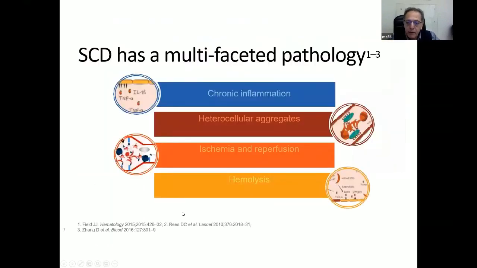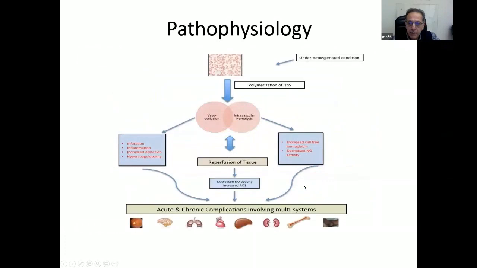This simple mutation leads to a multifaceted pathophysiology in this disease that has some main elements, including chronic inflammation, heterocellular aggregates leading to vaso-occlusion, and therefore ischemia and reperfusion injury, and also it is a hemolytic anemia characterized by hemolysis.